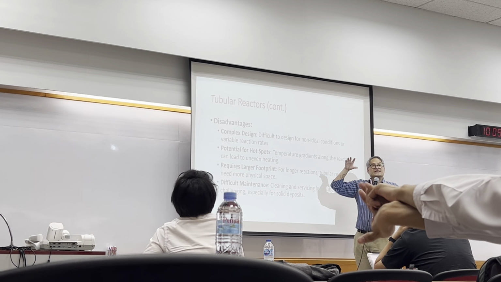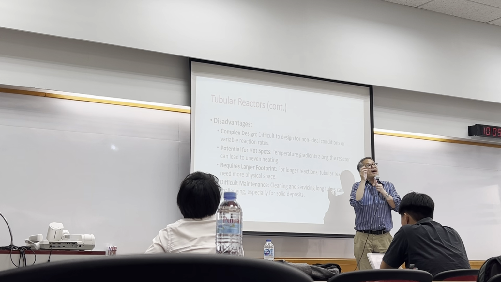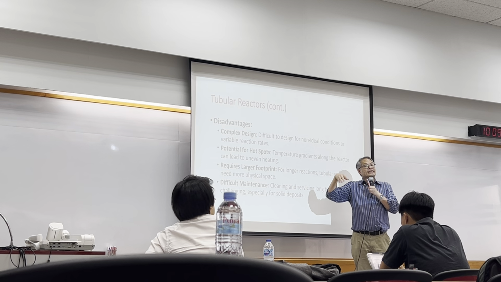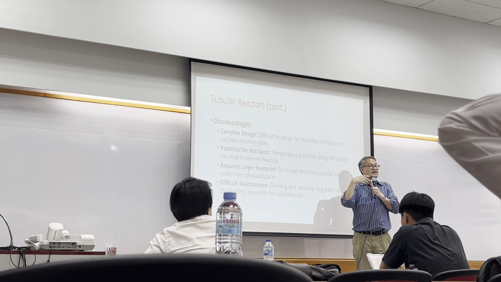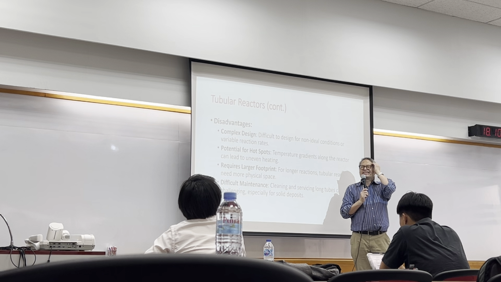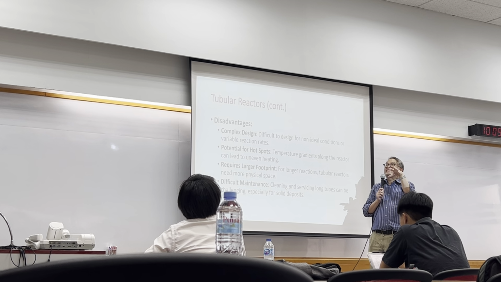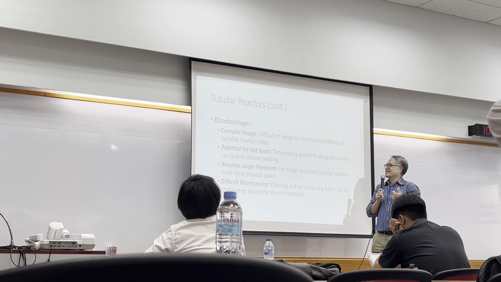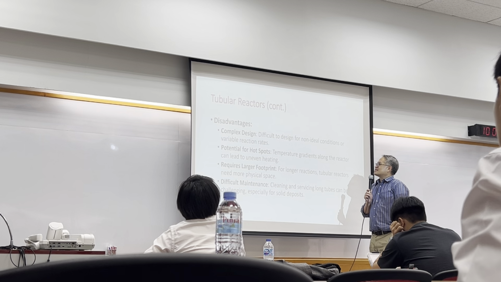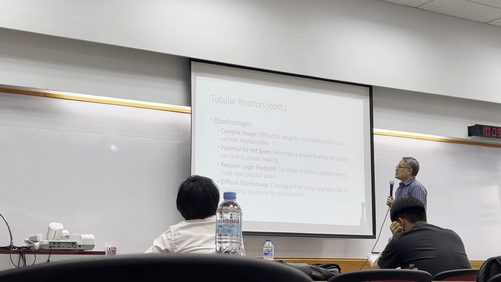A hotspot is a spot along the tube that has a higher temperature than normal. It could be from non-ideal mixing, where mixing is not so good inside the tube, and it creates something that's stuck inside and not moving. So it could be a potential hotspot. It requires a larger footprint.